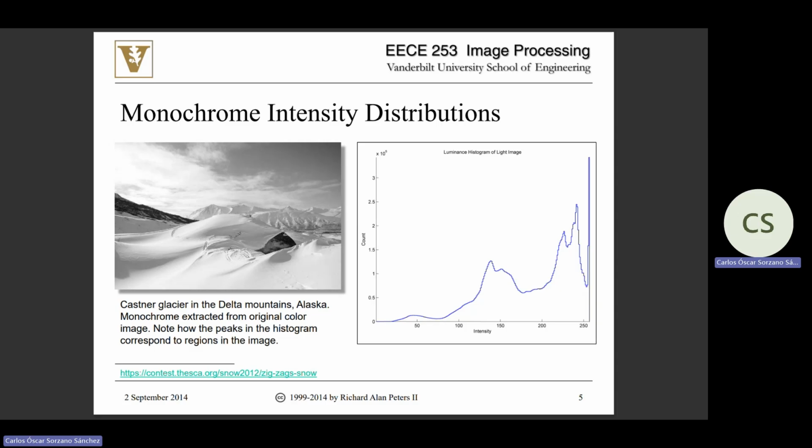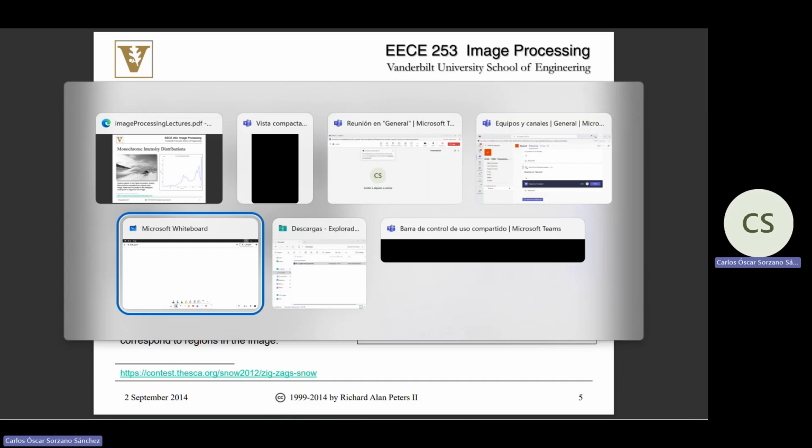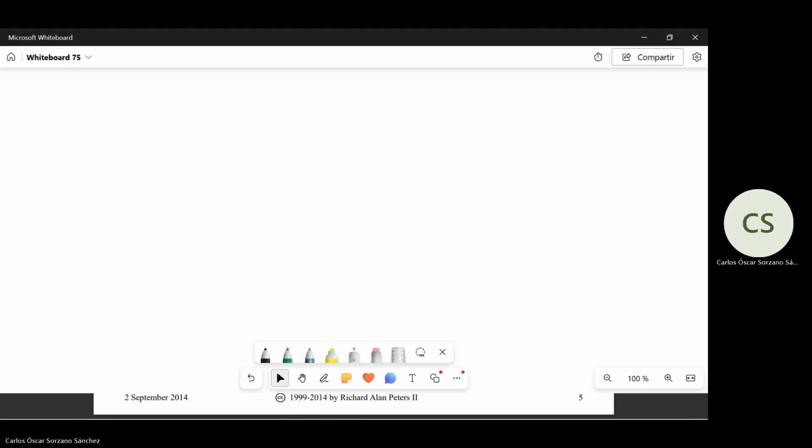So this spike is, we are saturating at 255. Somehow the intensity counts how many photons are coming to the detector, and you have to calibrate your detector so that there is some kind of response like this.